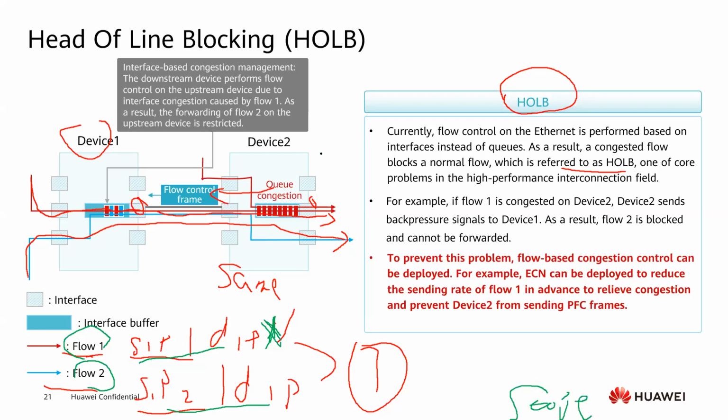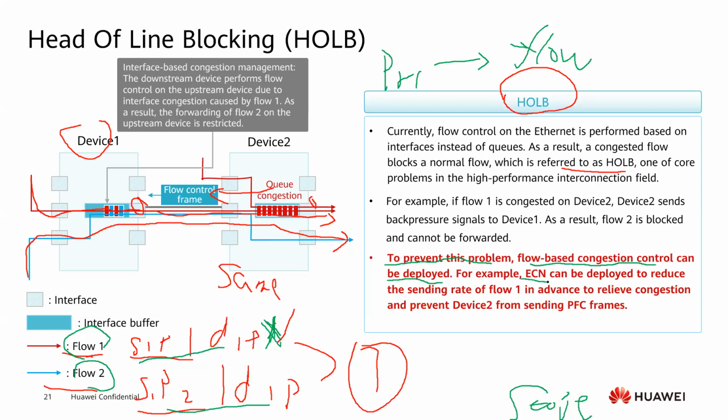That's because the traffic stop is based on priority. It's not based on flow. So to prevent this problem, flow-based congestion control can be deployed. For example, ECN.